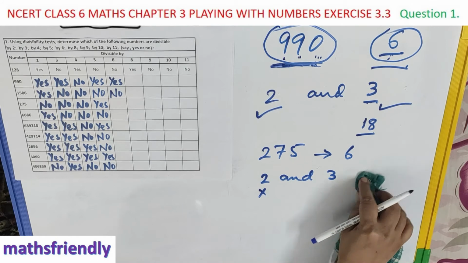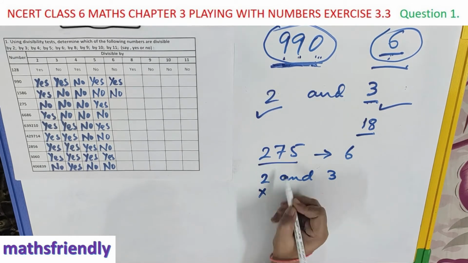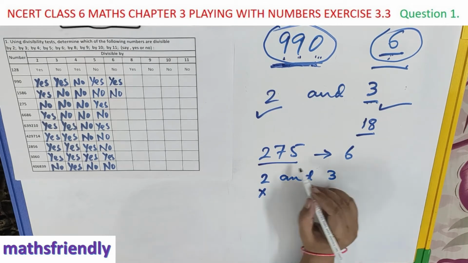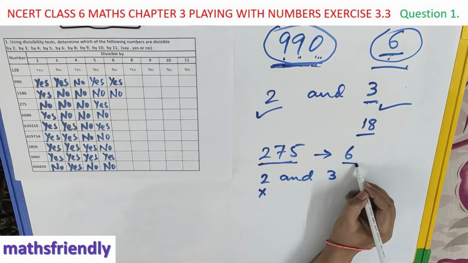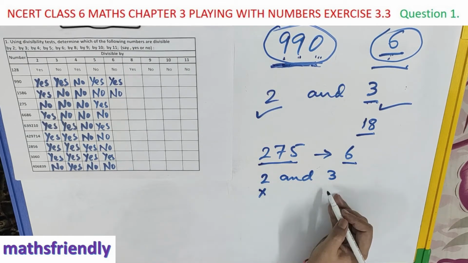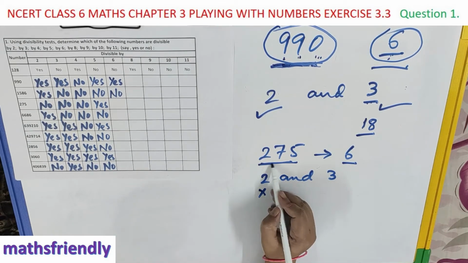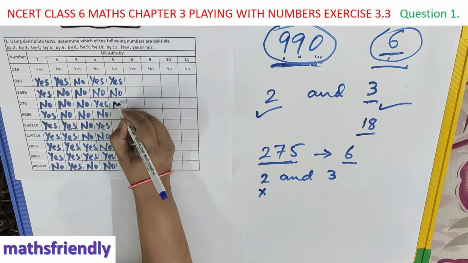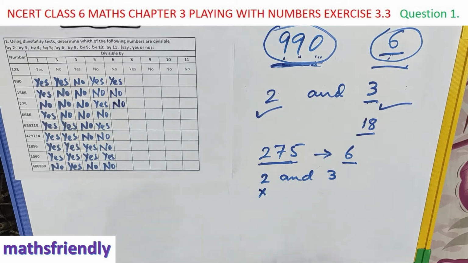So, we can say that yes, this number is not divisible by 2. So, this number is not divisible by 2 means this number will also not be divisible by 6, because it has to be divisible by both 2 and 3 for its divisibility by 6, right. So, directly we can write no, this number is not divisible by 6.